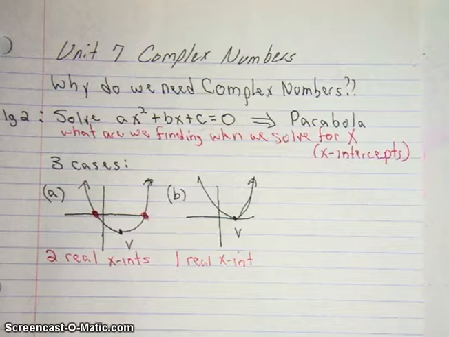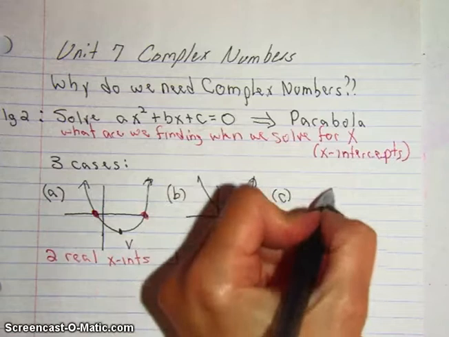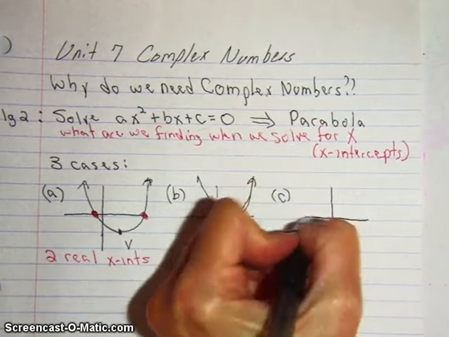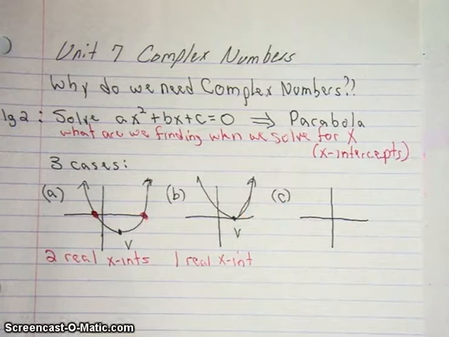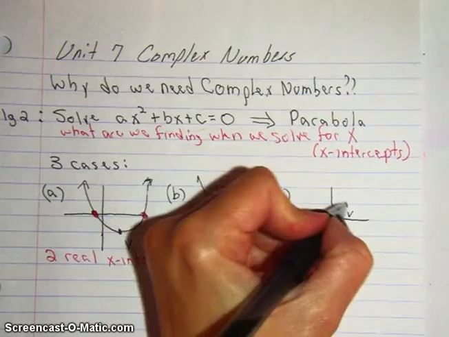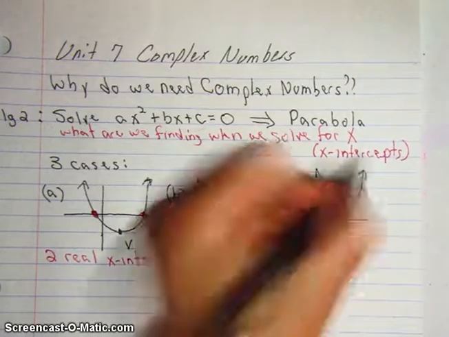Okay. Have we answered the question why we need complex numbers yet? No. Letter C. Anybody know what I'm going to draw for letter C? Raise your hand, please. No x-intercepts? Yeah. Okay. So let's say the vertex is here.